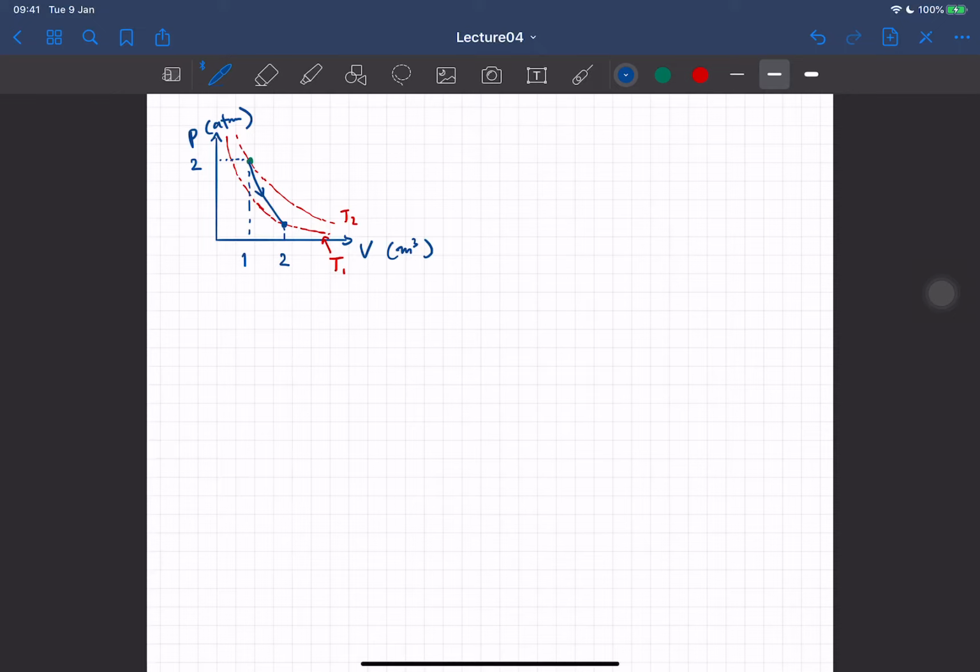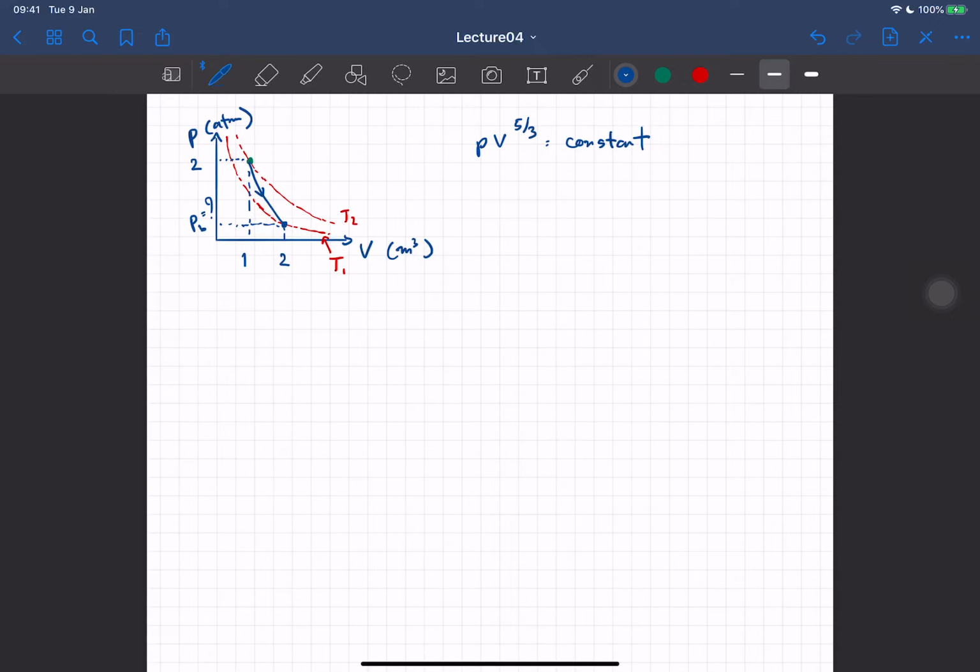Now we want to find out what is the final pressure here. So what is P at point B? In this case, it's an adiabatic process, so you need to use PV to the 5/3 equal to constant.